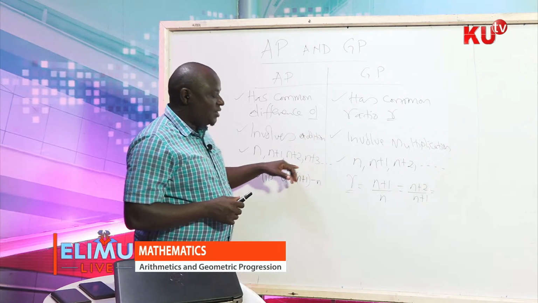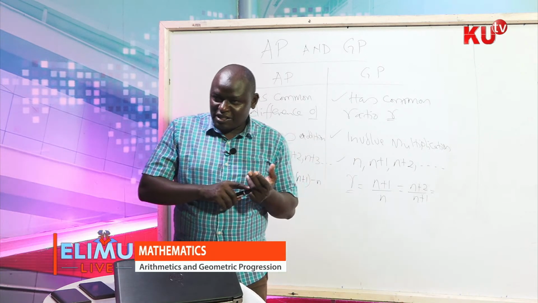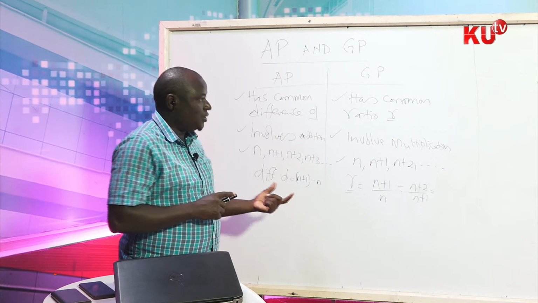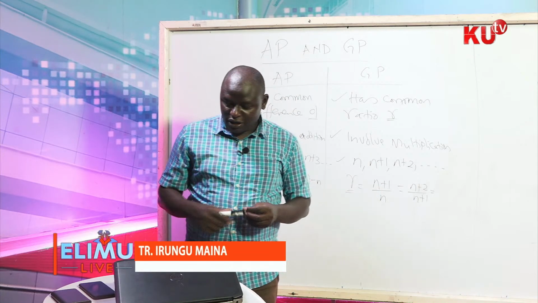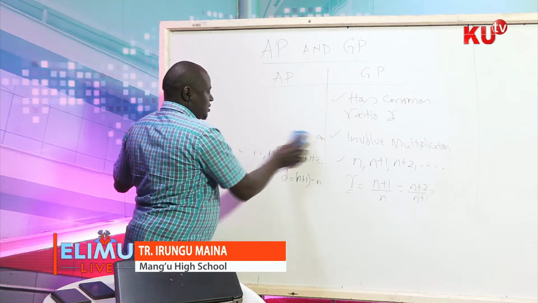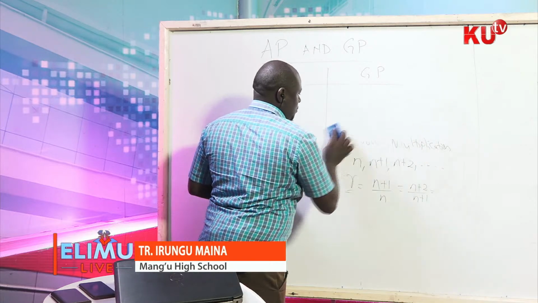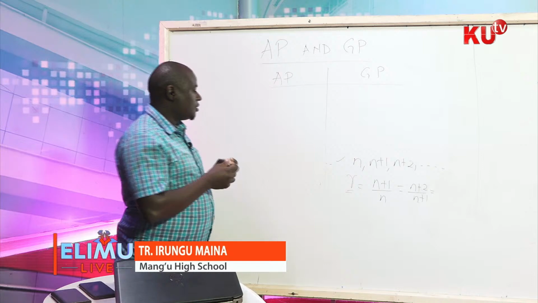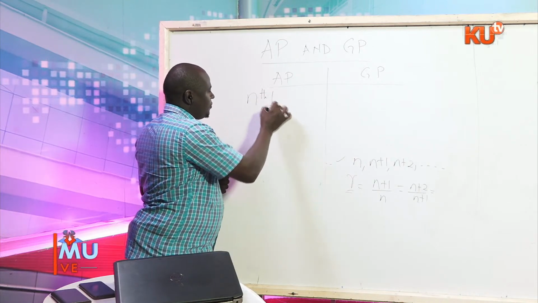The 10th term, now I need to list them down because I have a first term and a common difference in case of an AP. I have a first term and a common ratio in case of a GP. So it's another difference, so we are still in the column of differences. I want you to focus on how to get the nth term.